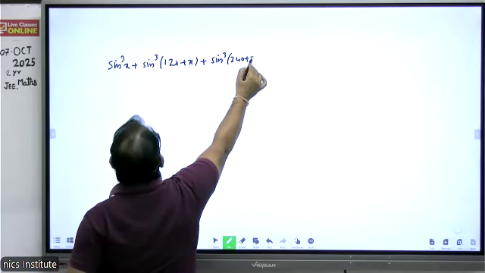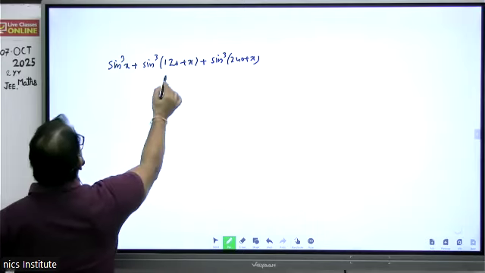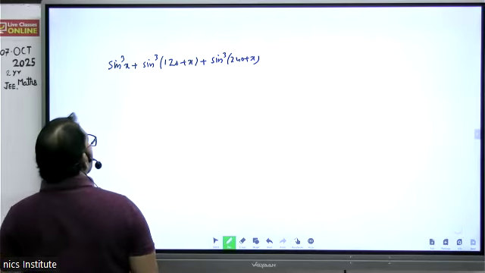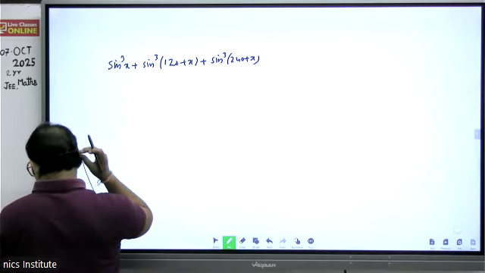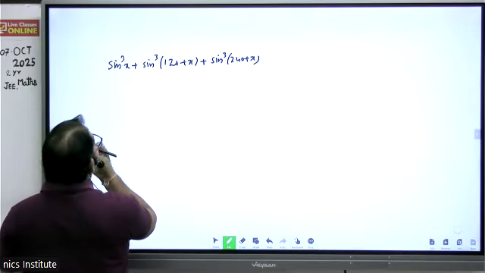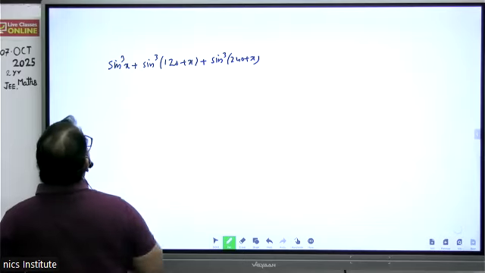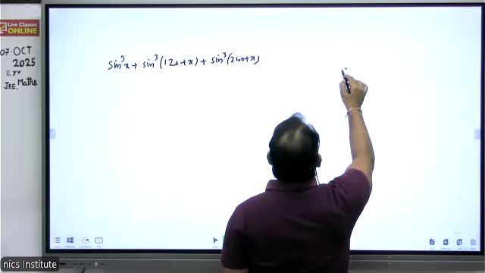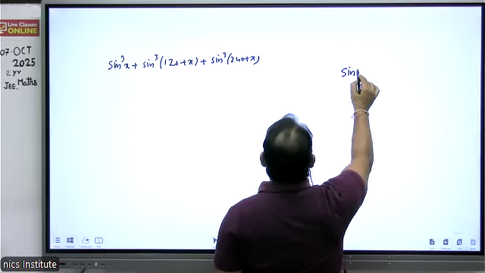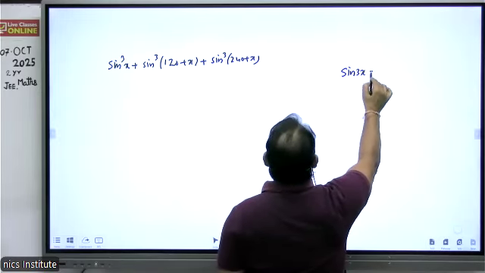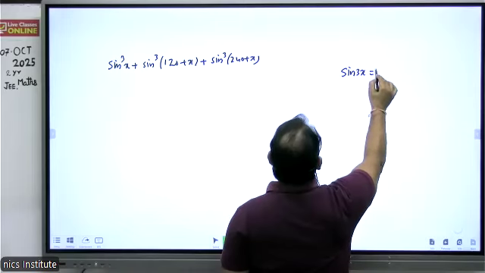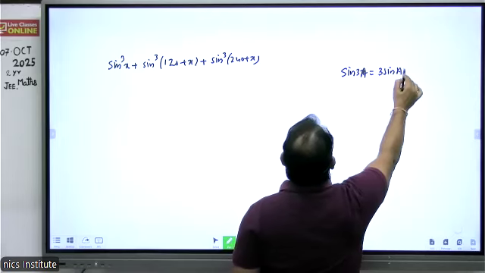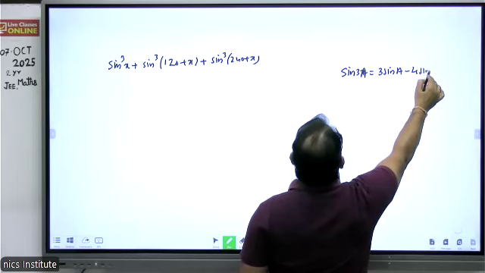240. So sin x, sin 120 plus x and sin 240 plus x. Either we can apply a cube plus b cube directly, or we can use the triple angle formula, since sin 3x is coming in the answer. We can use this identity: sin 3a is 3 sin a minus 4 sin cube a.